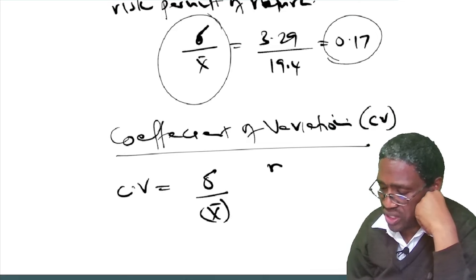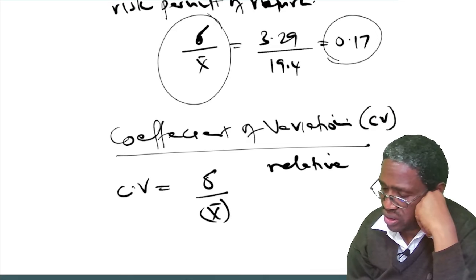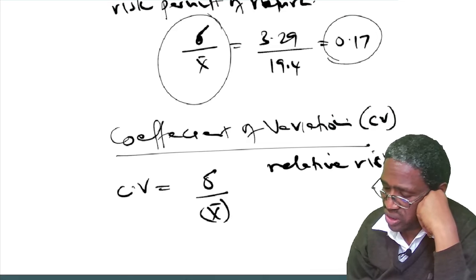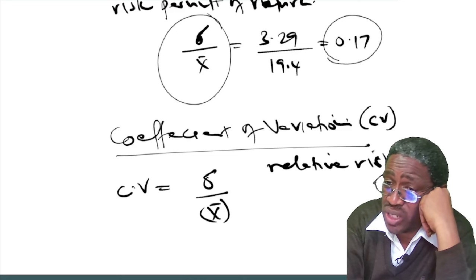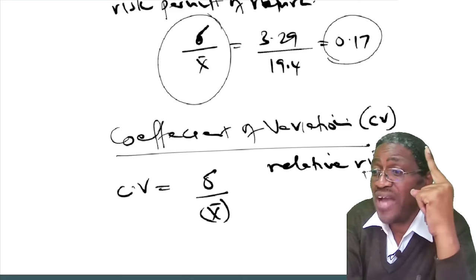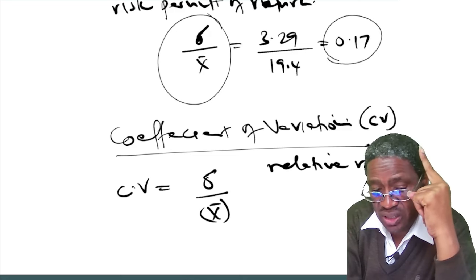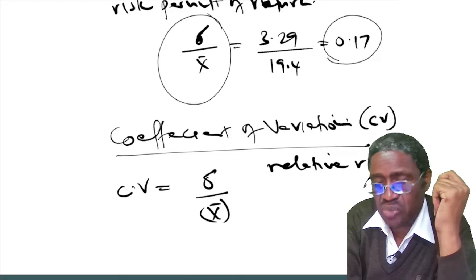Some questions just tell you to calculate the relative risk. We have said coefficient of variation is also known as risk per unit of return.